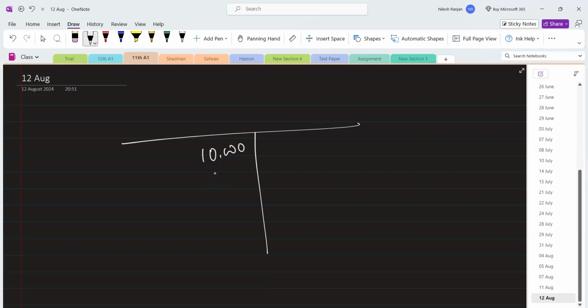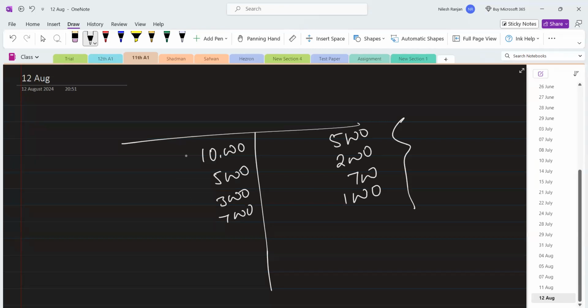So 10,000, 5,000, 3,000, 7,000 on the debit side; 5,000, 2,000, 700, 1,000 on the credit side. Now, after writing all the items, you have to calculate the total of each side separately. On the debit side, it is 10, 5, 15, 3, 18, 7, 25,000.